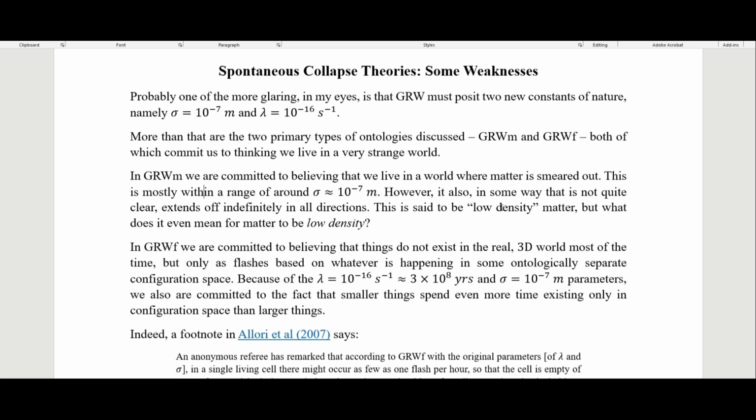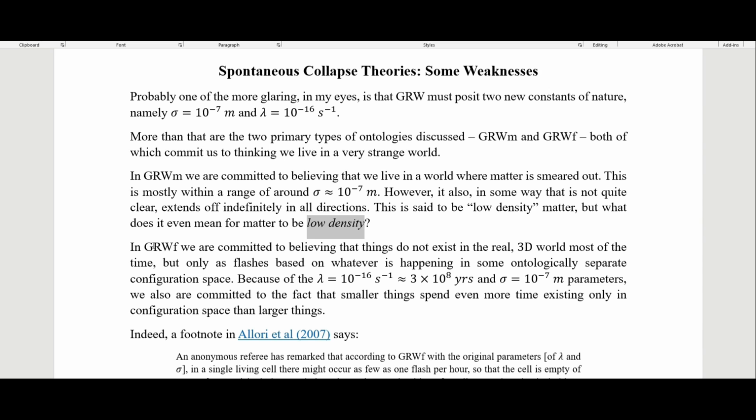However, it is also, in some way that is not quite clear, extending off indefinitely in all directions. This is said to be quote unquote low density matter, but what does it even mean for matter to be low density? It's not really something you can interact with. And so we get into things like the problem of tails.